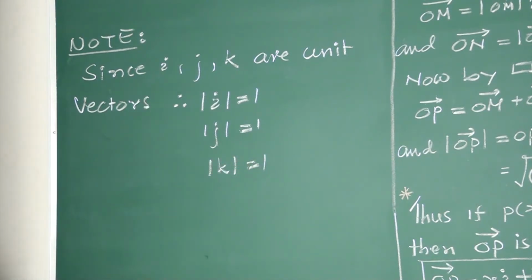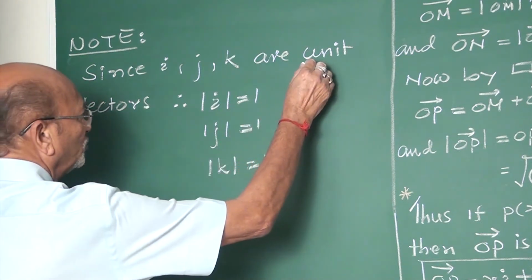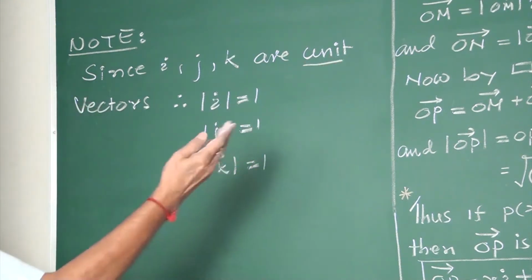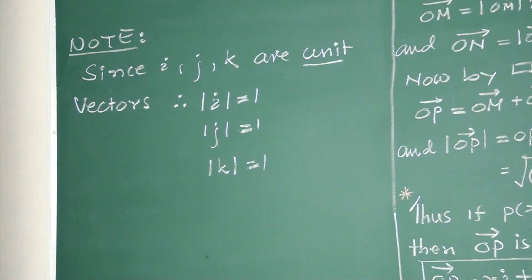Their magnitude is 1 because they are unit vectors. Unit vectors means what? Magnitude is 1.